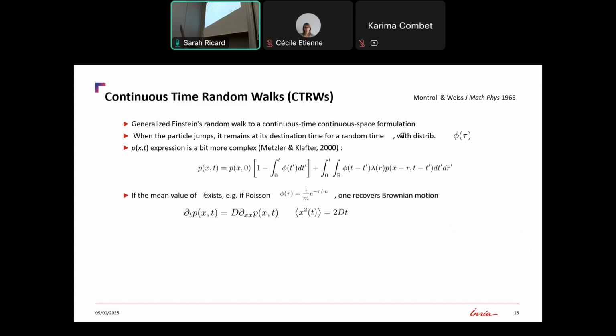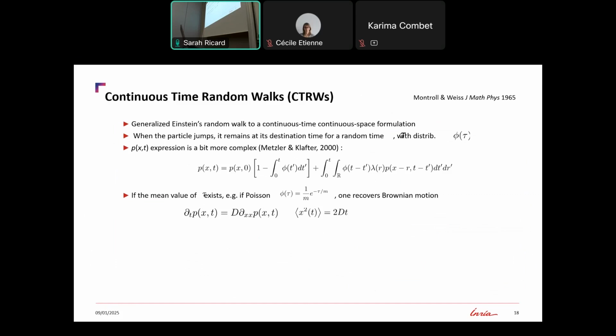And what you get is the following. If the mean value of tau exists, meaning that the mean converges, for instance, if phi of tau is exponentially distributed, you get Brownian motion, so you get back your diffusion equation for the probability of x, and you get back the fact that your mean square displacement is linear in time. So that's again Brownian motion.